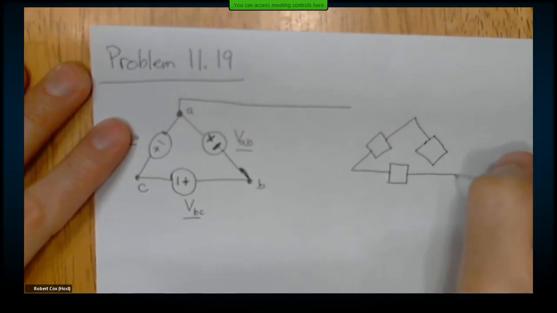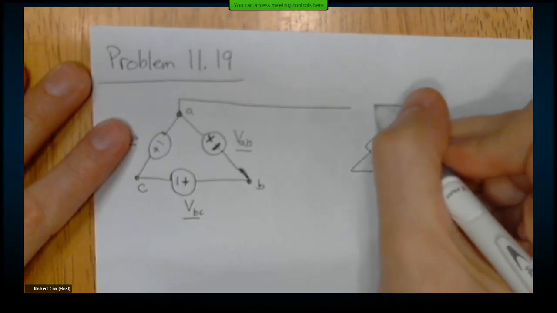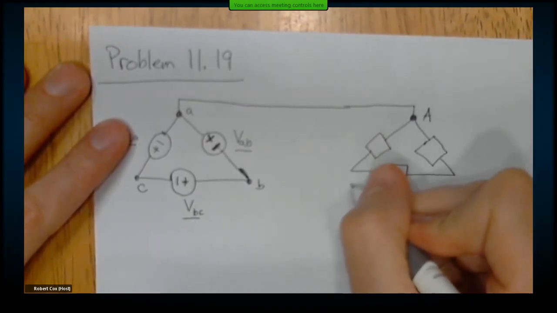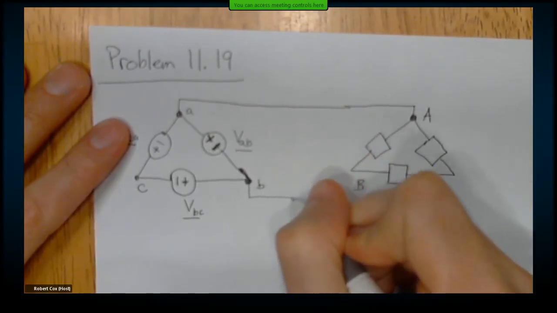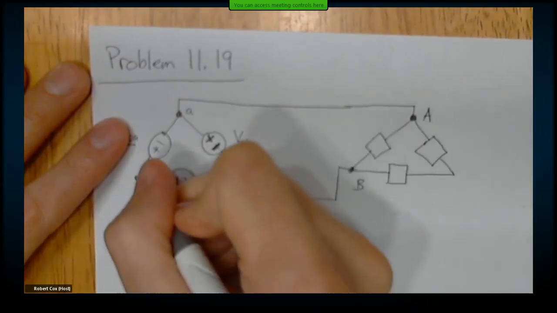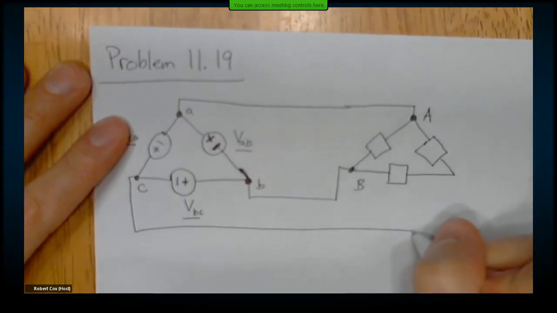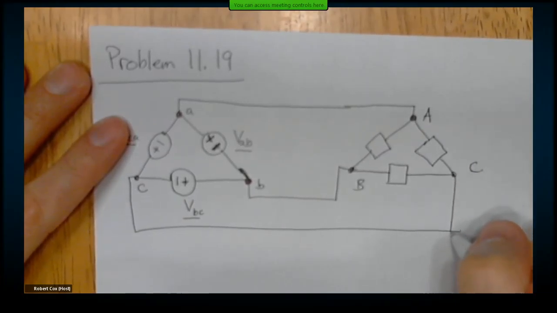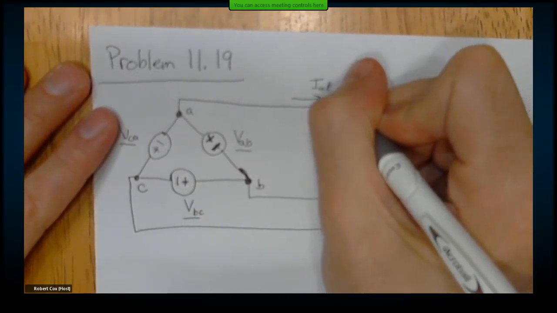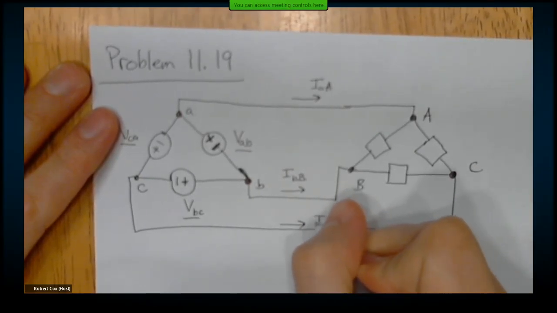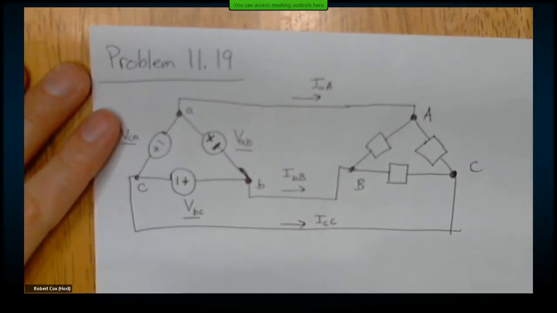My loads are ugly. This node is labeled capital A, this one capital B, and this one capital C. Some definitions on our currents: this one is IA, big A, then Ib, big B, and Ic, big C. We have to find those currents.